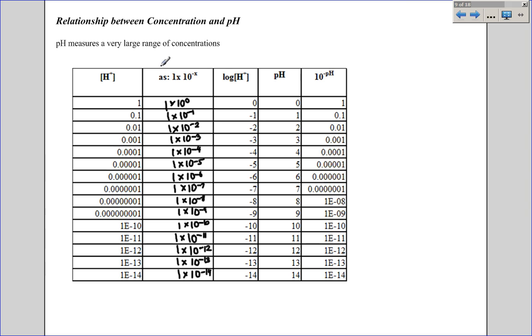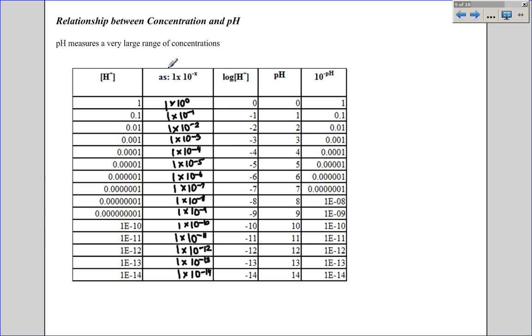What we're going to do is study this range of concentrations of H plus. So if you look at them, all I'm doing is moving the decimal place over 1. And the concentration of H plus is just getting smaller and smaller as I go down this list.